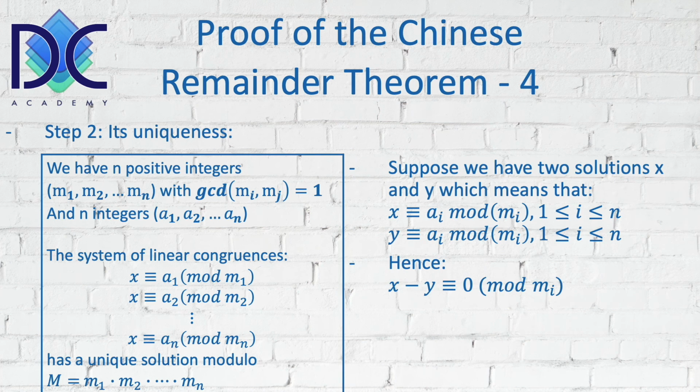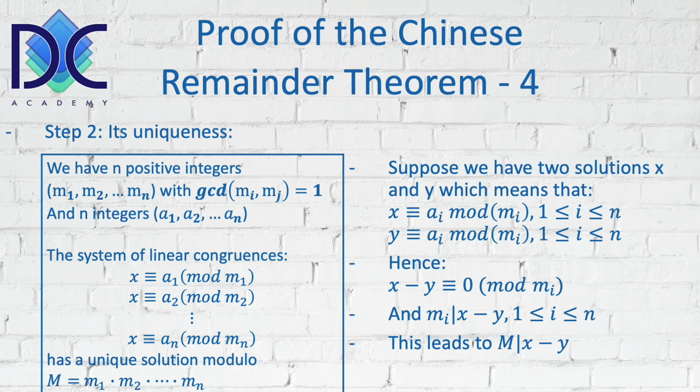So basically what we can find here is that x minus y is congruent to 0 modulus mi, which means that mi divides x minus y. And when it divides x minus y, it means that they are multiples, and this also leads to the fact that large M divides x minus y, which means x is congruent with y modulus M. Basically it says that y is a multiple of x. So basically there is one unique solution.